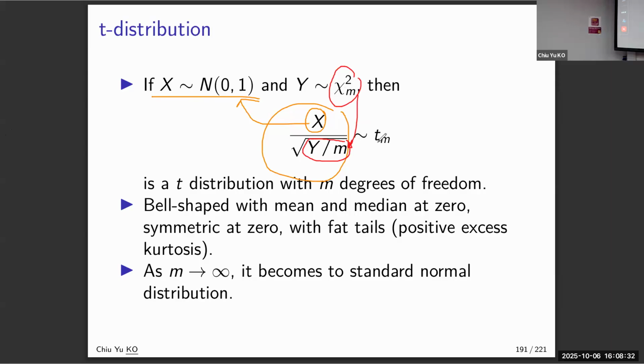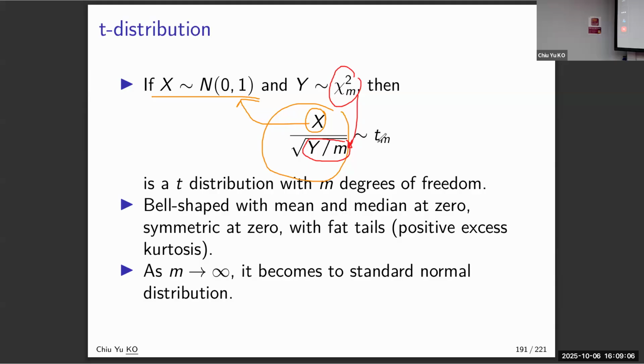As I mentioned, we care about the sample mean. The sample mean will be the numerator, normalized, and below is the sample variance of the sample mean. So basically 80 to 90% of our calculations in the second half of the class rely on this one. The sample mean looks like this student distribution.